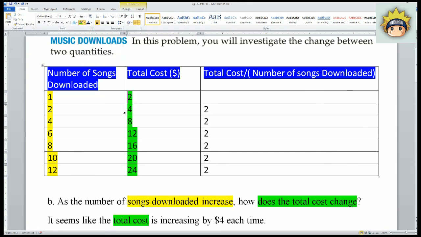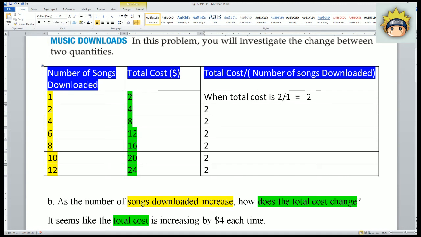Alright, so let's divide the total cost, which is 2, by the number of songs downloaded, 1. That equals 2, so that matches up. Do you see how it matches up?